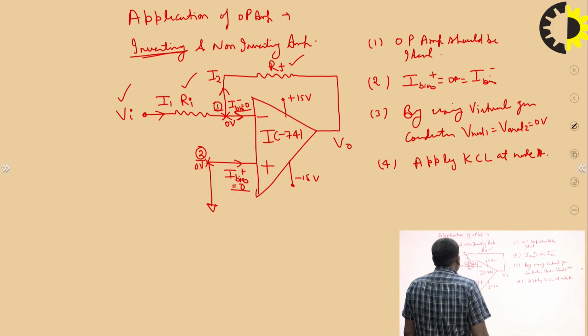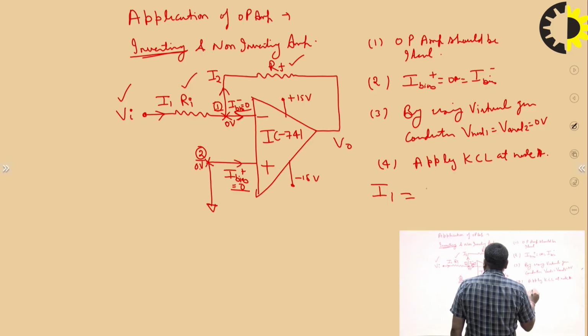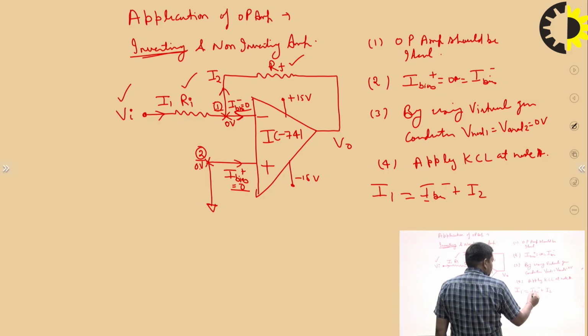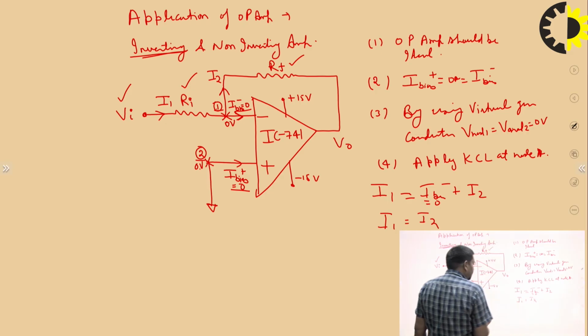If we apply KCL at node 1, then I1 is equal to I bias minus plus I2. The I bias should be 0 for an ideal op-amp, so I1 is equal to I2. What is the I1 current?